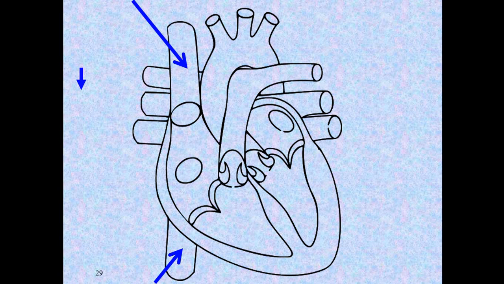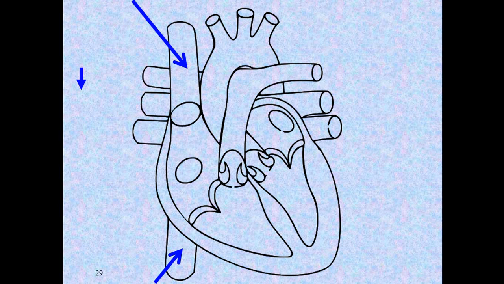Look at the two arrows here, they are the superior and inferior vena cava, where the blood which contains carbon dioxide, collected from all body cells, will enter the heart through those veins.